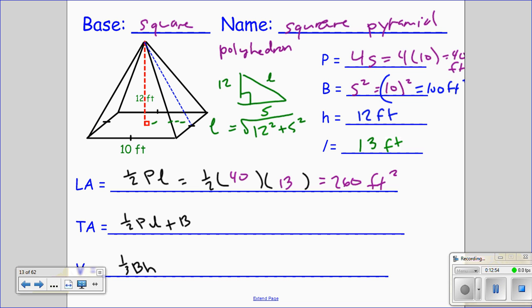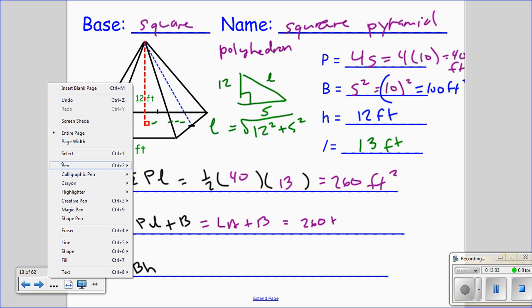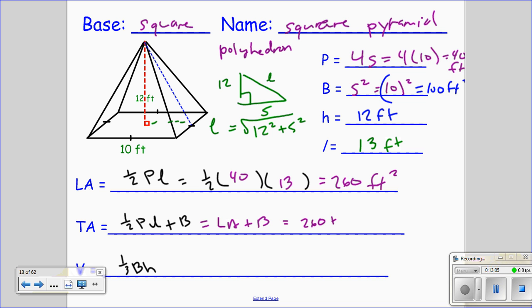Again, total area is nothing but your lateral area plus the base. So that's 260 plus 100. So that gives me 360 feet squared.